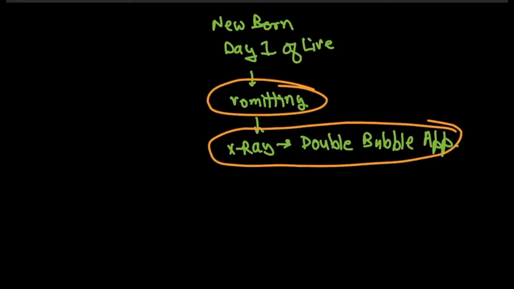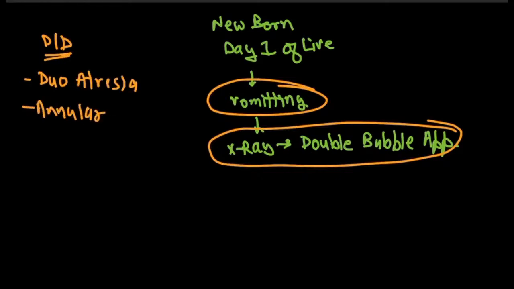You cannot tell me directly. There are two differential diagnoses: it can be either a duodenal atresia or an annular pancreas. Frankly speaking, these are the two differential diagnoses you will have in this patient. How do you distinguish? This is based on the type of vomiting.